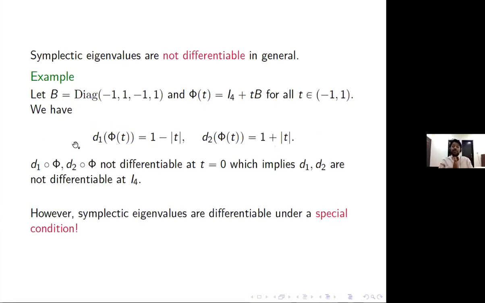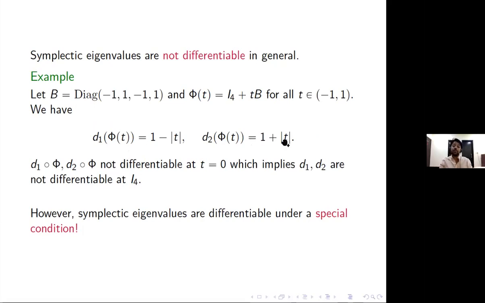It turns out that the symplectic eigenvalue maps are not differentiable in general, which can be seen from the following example. Consider the matrix B with entries -1, 1, -1, 1, and define phi(t) equal to identity plus tB for all t between -1 and 1. This is a simple function, and we can see that phi is a differentiable function of t. But when we compose phi with d1 and d2, we get 1 minus the modulus function and 1 plus the modulus function.